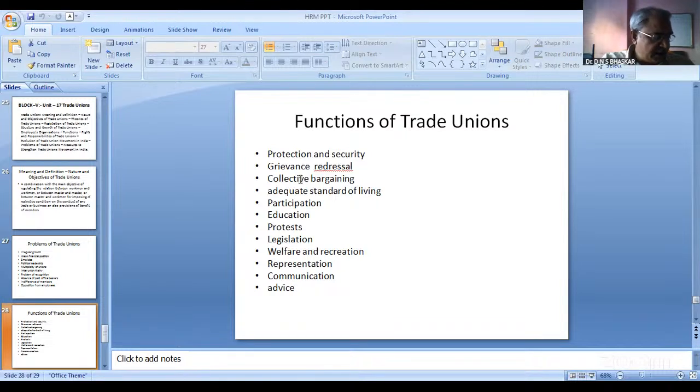It is broadly covering theories of trade unions and structure, registration of trade unions and employee organizations, evaluation of trade union movement and the problems, all this is given to you.